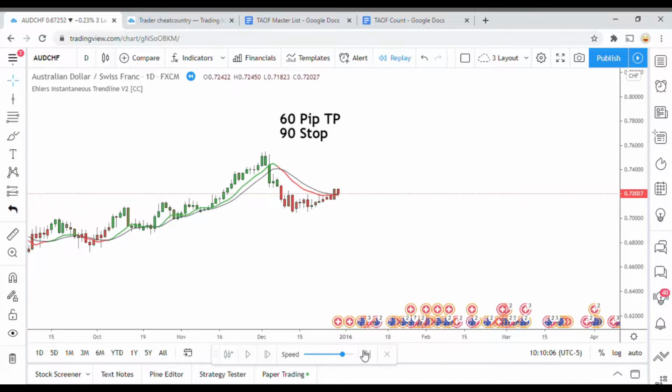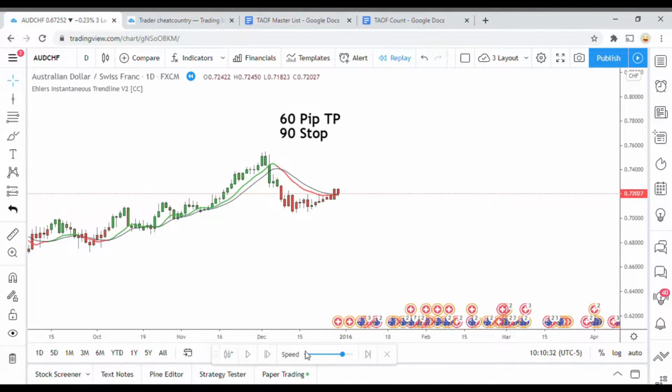And you have this little control panel down here at the bottom to control the replay function. And so you have the speed in which you want the bars to replay at. And you can see that it says every 5 seconds, 3 seconds, 2, 1, a half second, every 1 second.